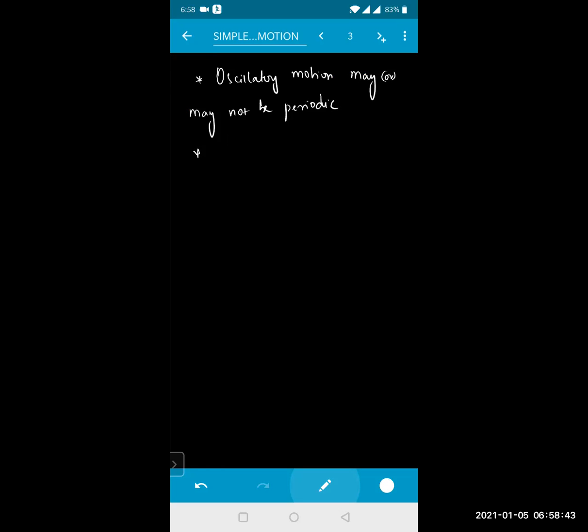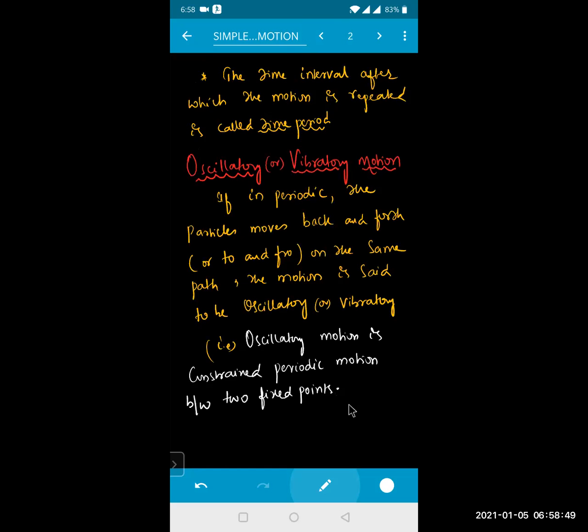See, oscillatory motion may or may not have fixed extreme points also, beta. Because if you take your scale, keep it on your table and give a vibration, the first time when it goes to the upper position, the second time it may not go to the same position. After a certain interval of time, what happens? It will stop and come back to the rest position.